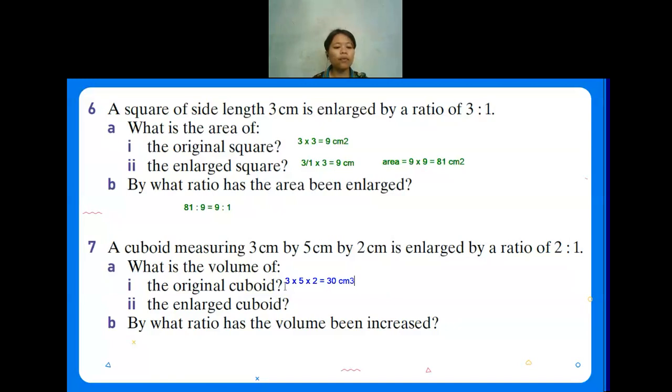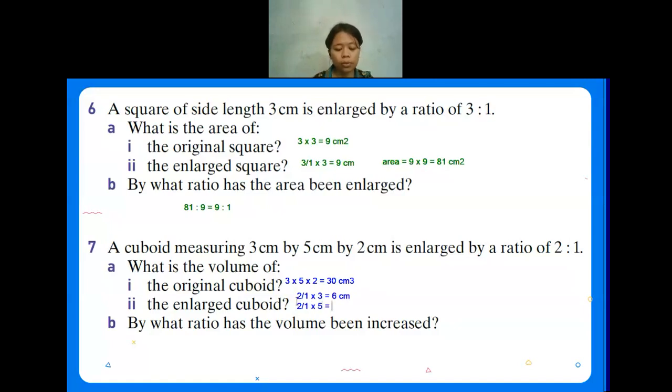And now for part B, let us find all of the dimensions first. The dimension 3 centimeter, it will be how many? 6 centimeter. And for the 5, it will be 10, and the 2 times 2 will be equal to 4 centimeter.